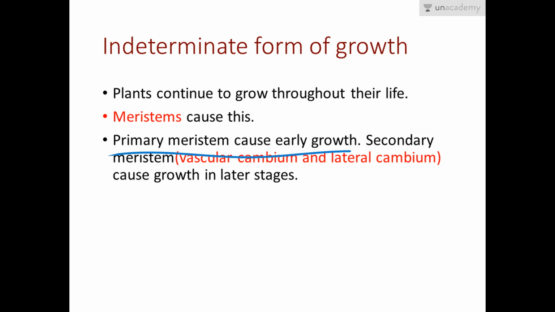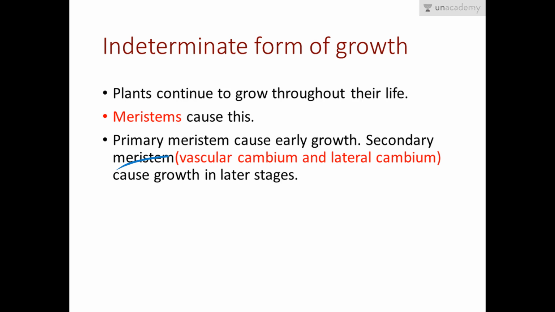Primary meristems cause early growth, in the sense of your vertical growth, the first organ development, the first parts development of the plant. The secondary growth refers to the increase in the breadth, the increase in the horizontal direction, or the increase in the girth, if you talk in a scientific term, of the plant.